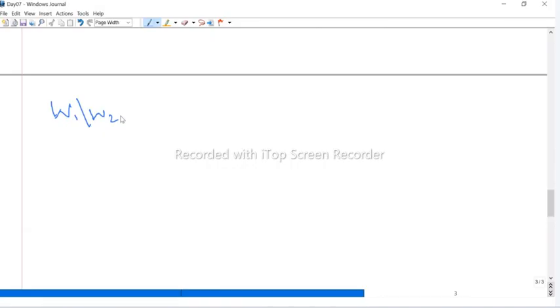Why? Because W2 is also a subspace, and a subspace contains 0. W1 also contains 0, but you are removing all the elements of W2, and in particular you are removing 0 also. Therefore, 0 is not an element of W1 difference W2, because we removed W2, which contains 0. So W1 difference W2 is not a subspace because 0 is not there.